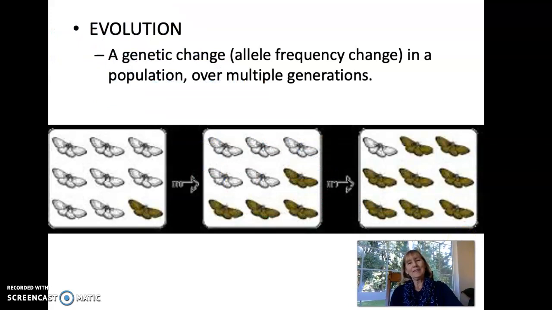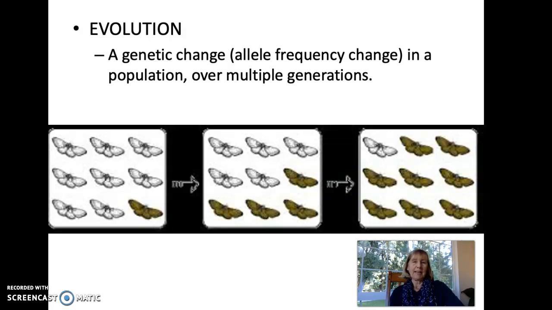So evolution is a genetic change, but more importantly, it's an allele frequency change. And we're going to talk a lot about that. Allele frequency change in a population over multiple generations. So the one classic example that you always hear about is the moths in Britain, in London, during the Industrial Revolution.